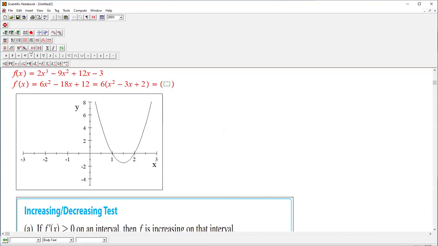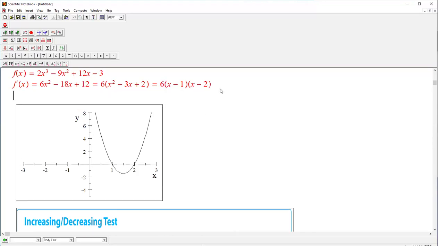Most of you did the factoring, which is good. So then the x-intercepts are 1, 0 and 2, 0, because if we set the first order derivative equal to 0, that leads to the product equal to 0.